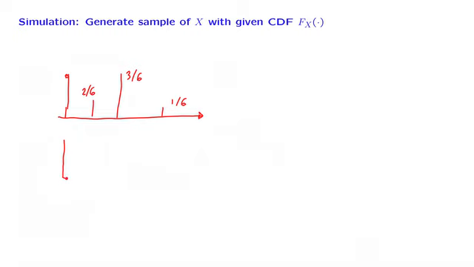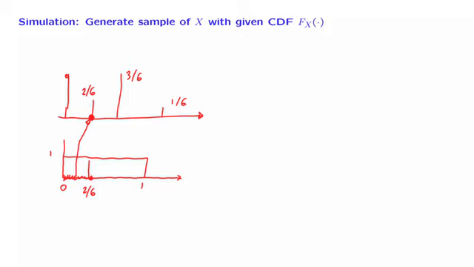What I have is a uniform random variable that's drawn from a uniform distribution. What can I do? I can do the following. Let this number here be 2/6. If my uniform random variable falls in this range, which happens with probability 2/6, I'm going to report this value for my discrete random variable.